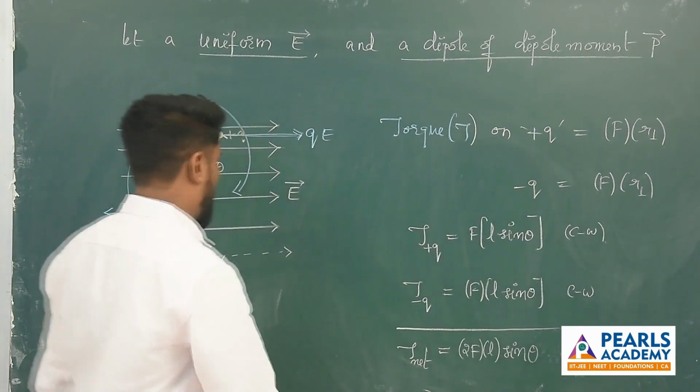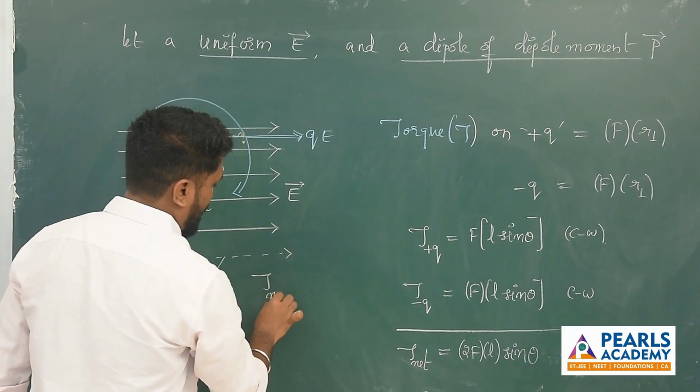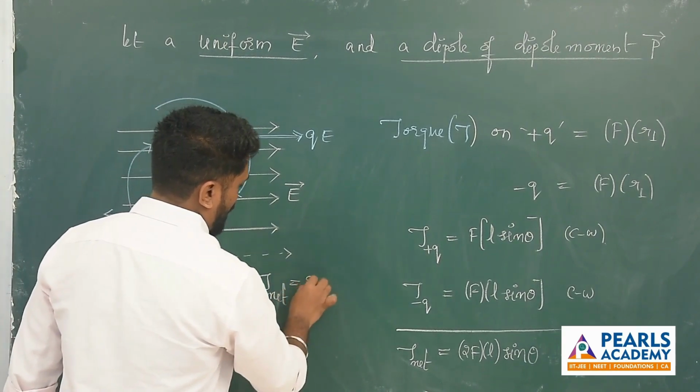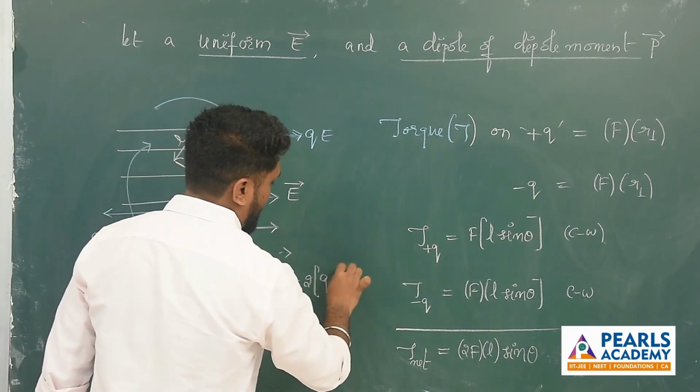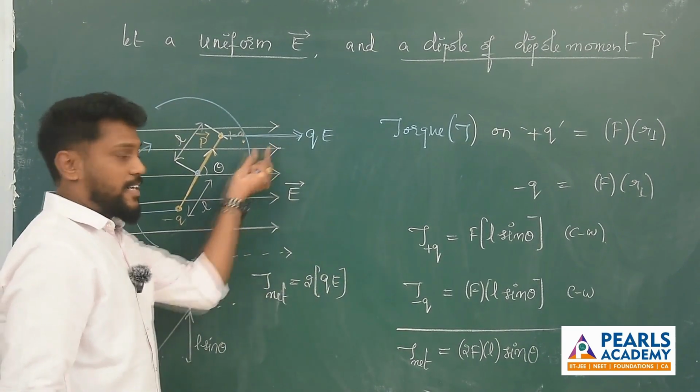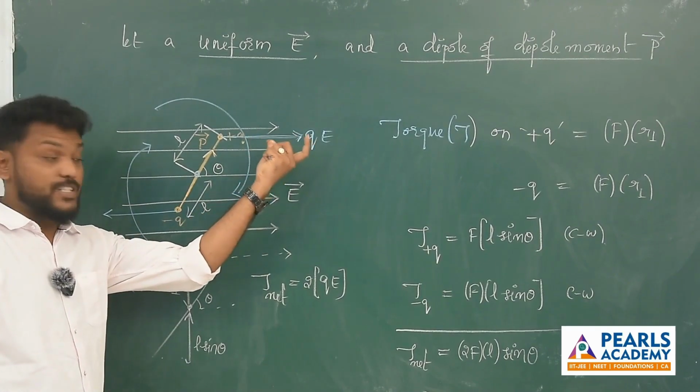So now if we take net torque, final expression of the net torque, as we know 2F is QE, force experienced by the positive charge as well as negative charge in external electric field is QE.